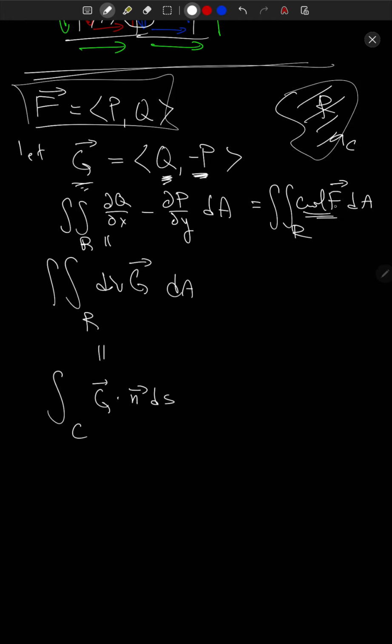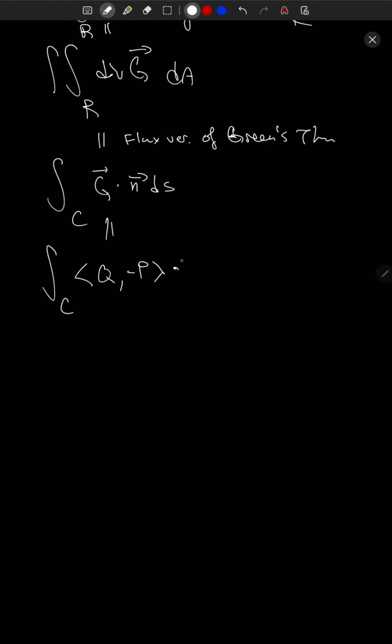All right, so we have the curl of f is equal to that, is equal to the divergence, and then we've applied our flux version of Green's theorem. Okay, and then now let's write down what this guy here means, g dot n ds. All right, so this is literally the integral over C. What is g? We said it was q comma minus p.